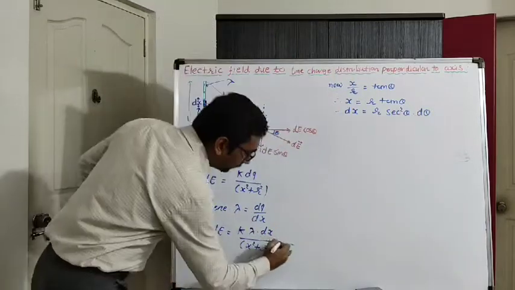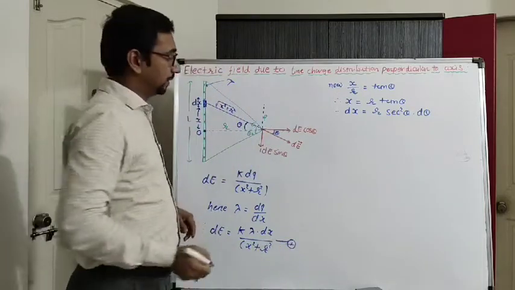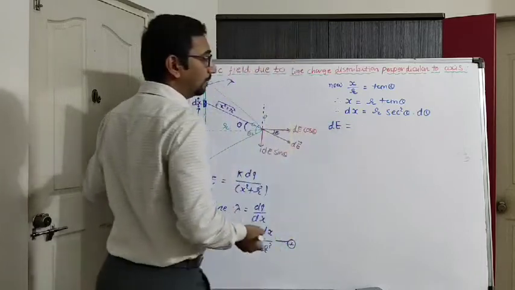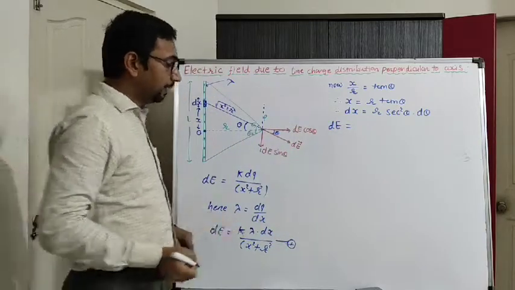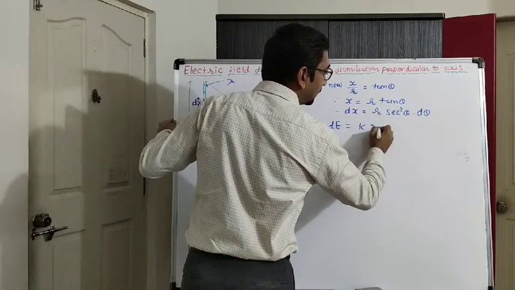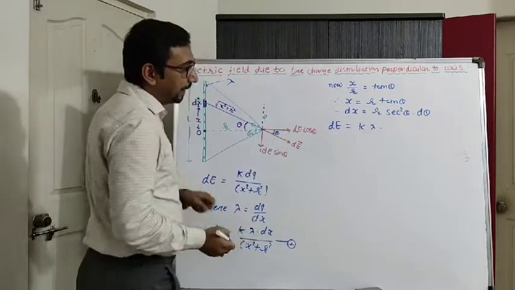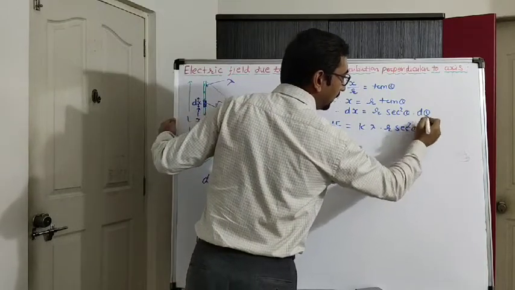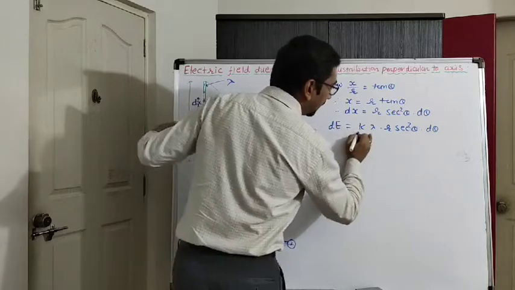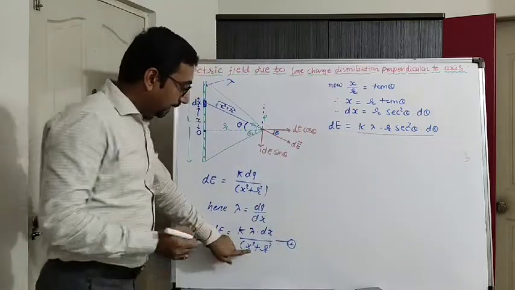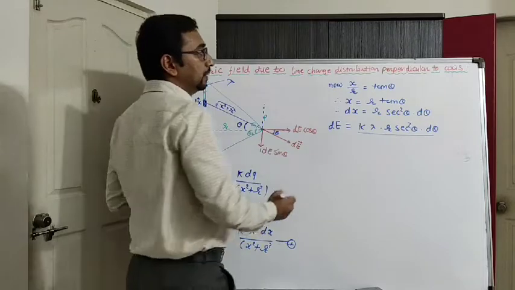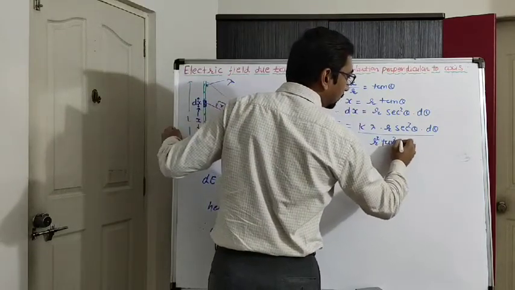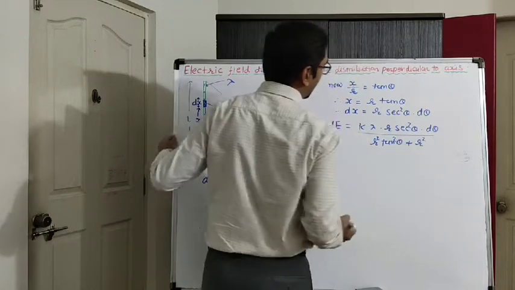So if we substitute this value in our first equation, then dE is equal to k into lambda into dx. dx is what? r sec square theta into d theta upon x square plus r square. So x is r tan theta, so this will be r square tan square theta plus r square.